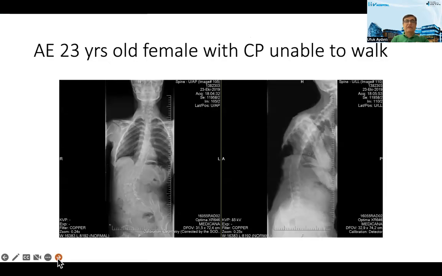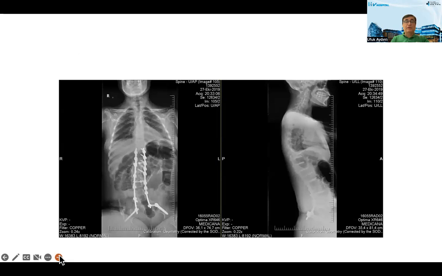So this is again a 3-year-old female with CP sequelae, unable to walk with this deformity. As you can recognize here, there's a huge pelvic obliquity, and also she has especially left hip contracture and left leg deformity. So first we decided to correct the sitting balance, pelvic obliquity, and the deformity.